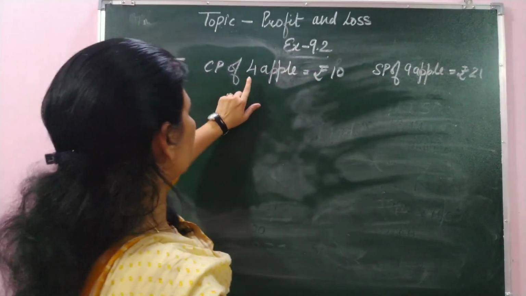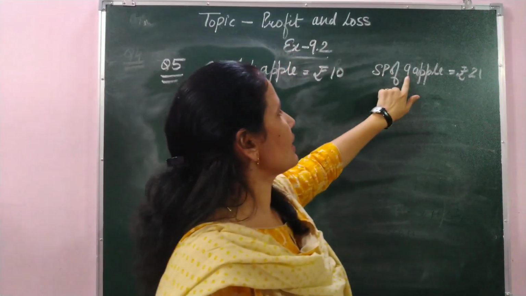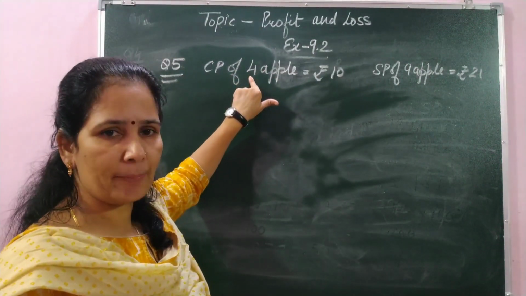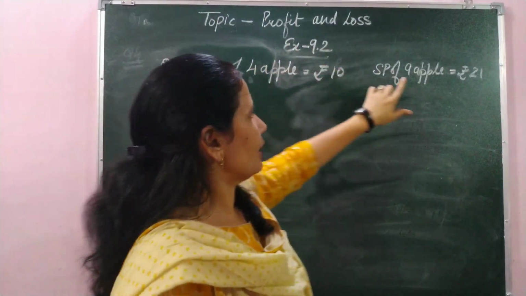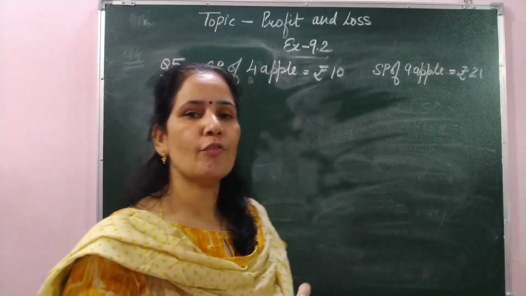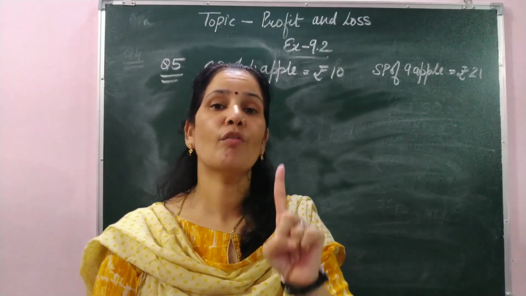So students, here we observe that the units given are unequal. They have given the cost price for 4 apples, and the selling price for 9 apples. So to make it equal, first of all we have to find the price of 1.